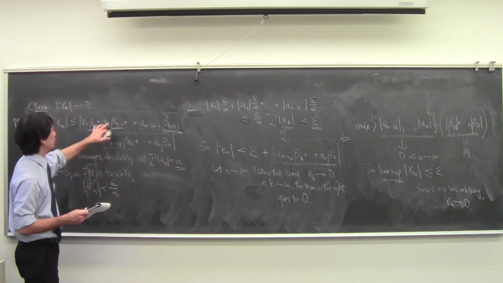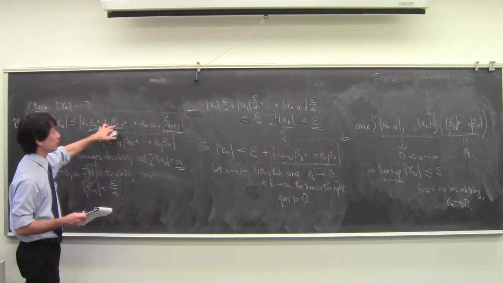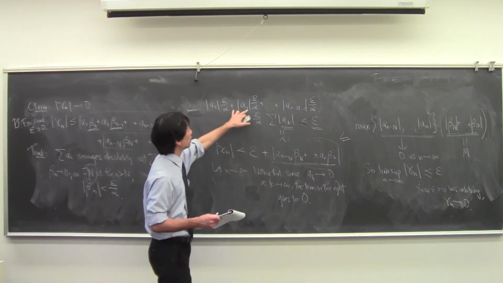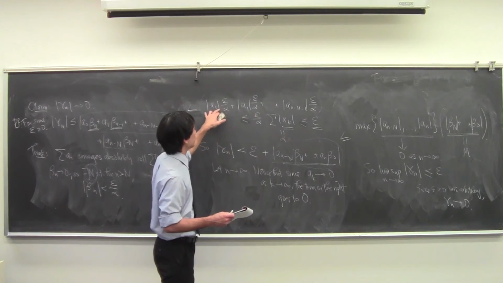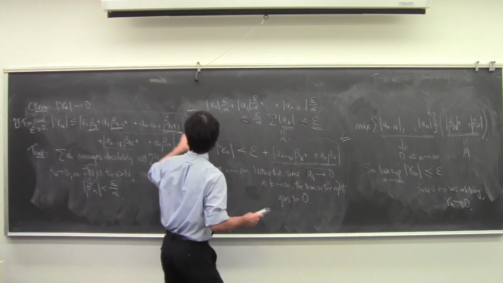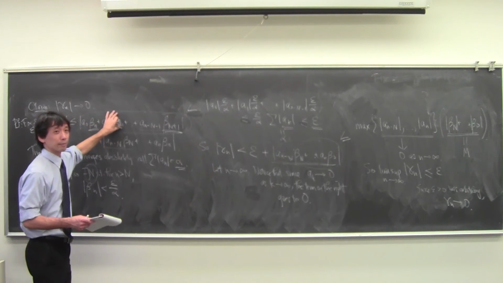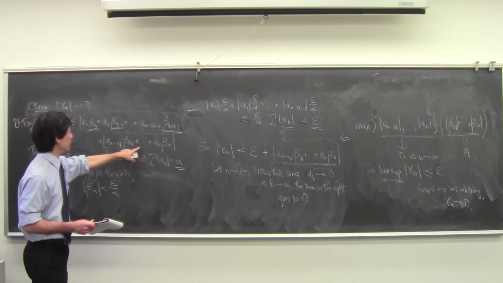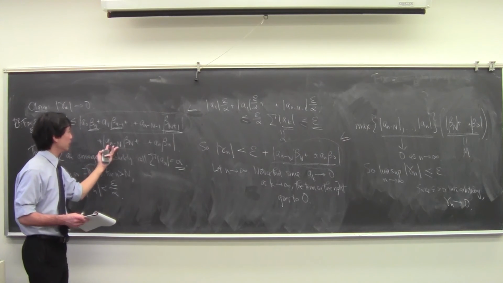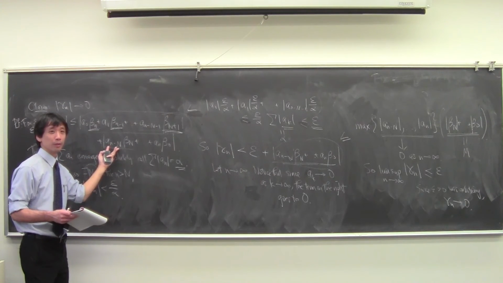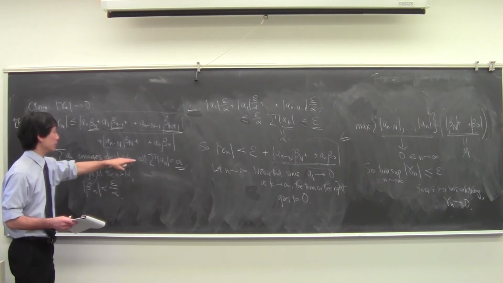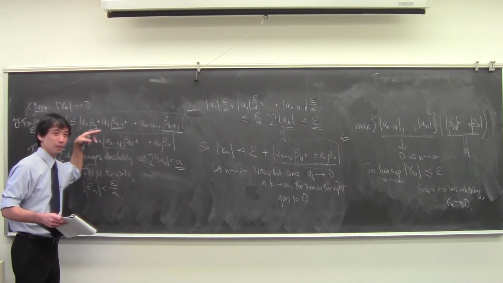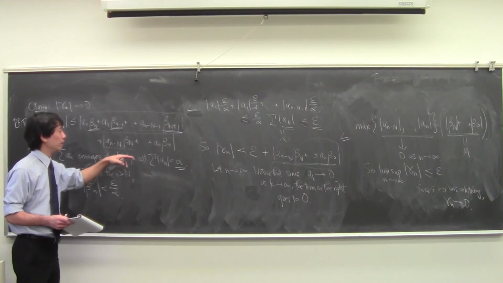You factor those out using the triangle inequality, and using absolute convergence you can make this thing small. The second part just uses the fact that the a_n's go to 0, because the series is absolutely convergent, and by the nth term test all the terms have to go to 0.